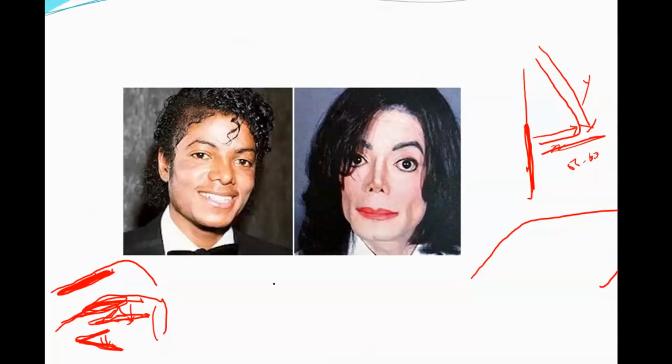So if this is the nasal bone, okay, and this is the septal assembly here. If I carry forward the incision in this fashion, it is a median osteotomy. If I carry forward the incision which is fading outward, it's a paramedian fading osteotomy.